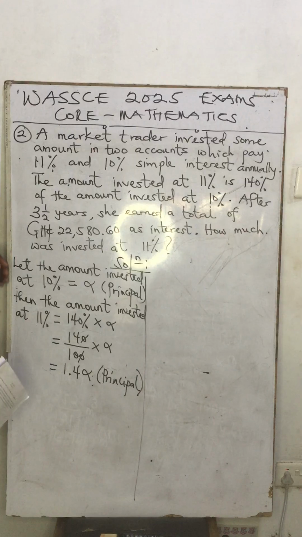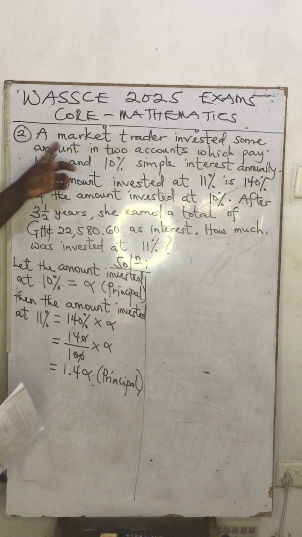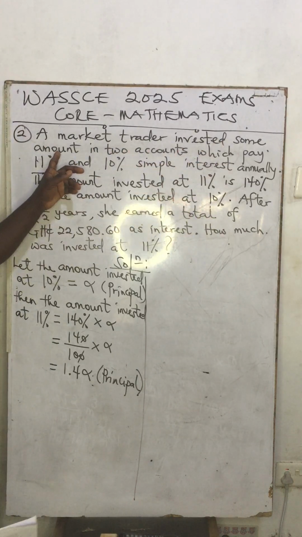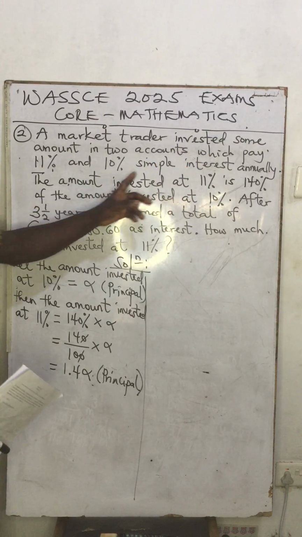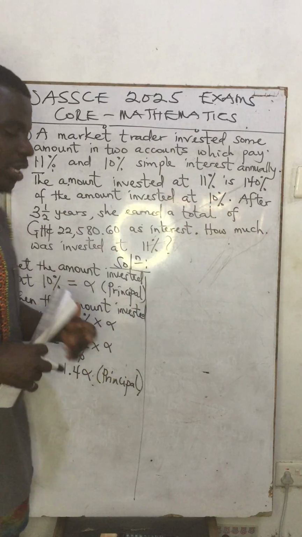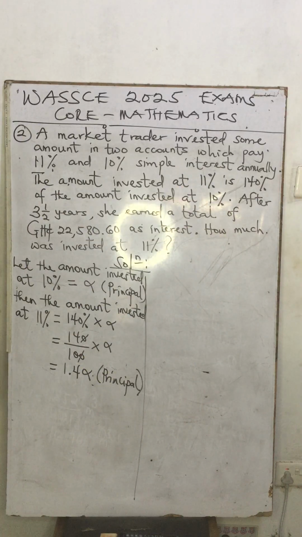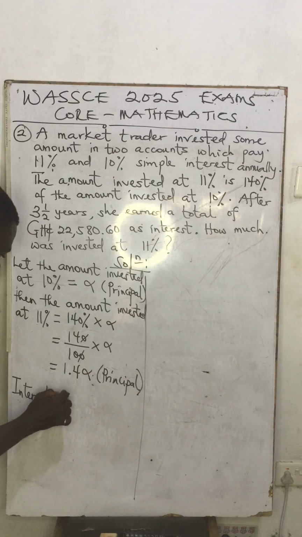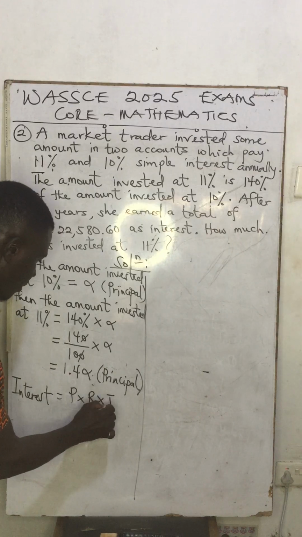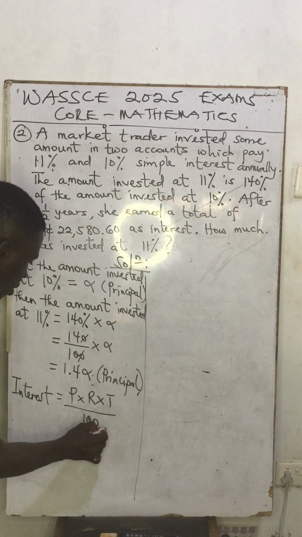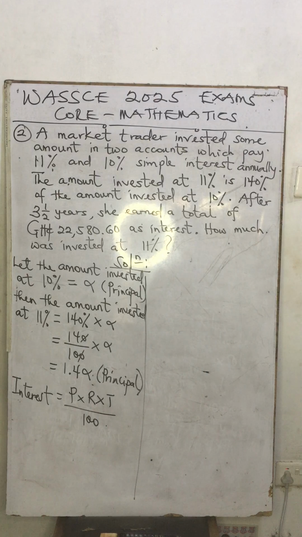Now, let's go back again. A market trader invested some amount into accounts which pay 11% and 10% simple interest annually. So our interest is equal to the principal times the rate times the time all over 100.